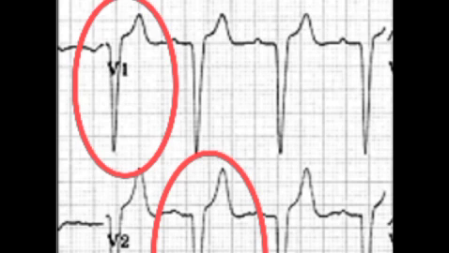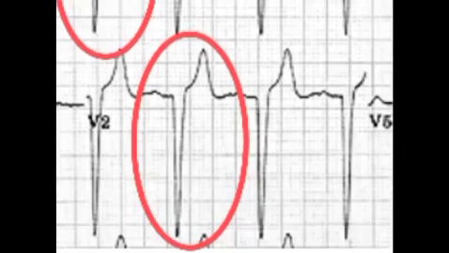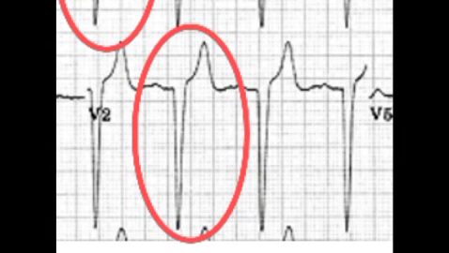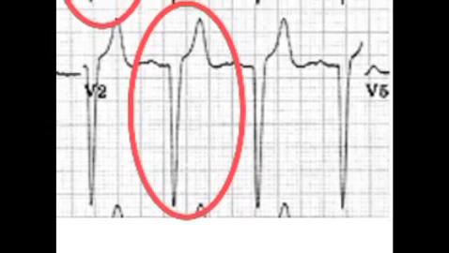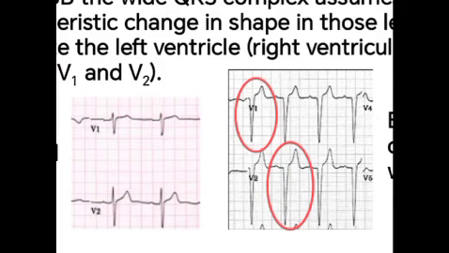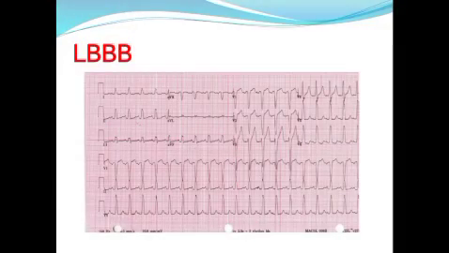So it gives us negative deflection in V1 here, because V1 looks at the right ventricle. And you see in V2 also the same shape, a broad deep S wave.